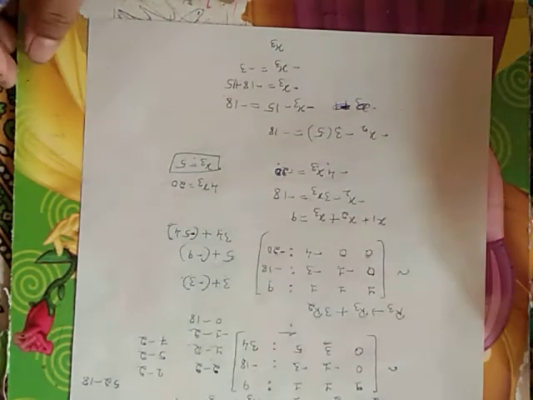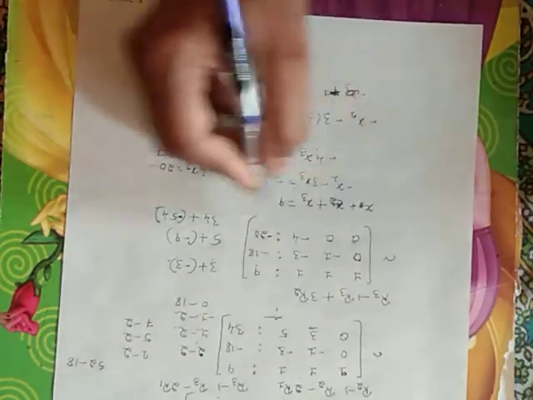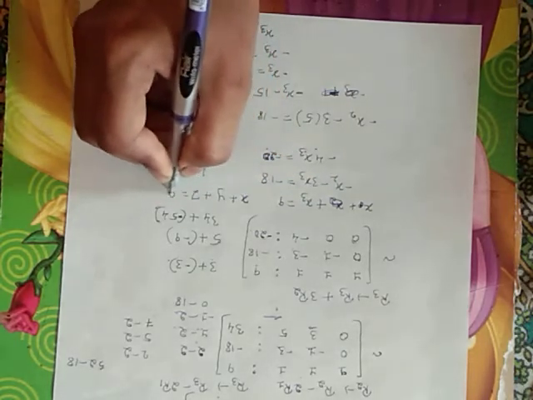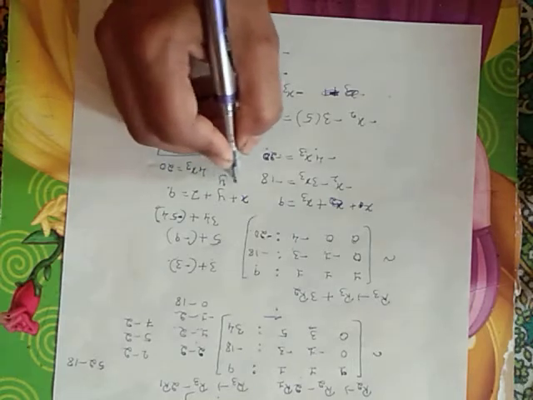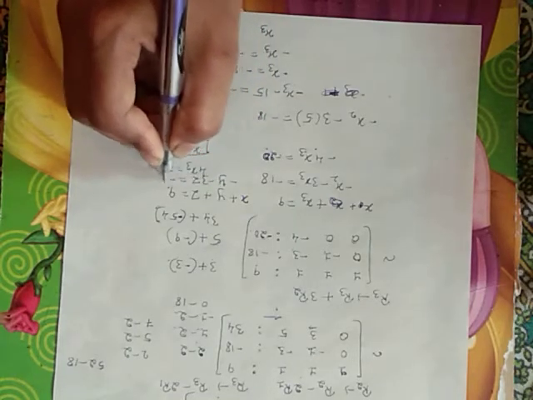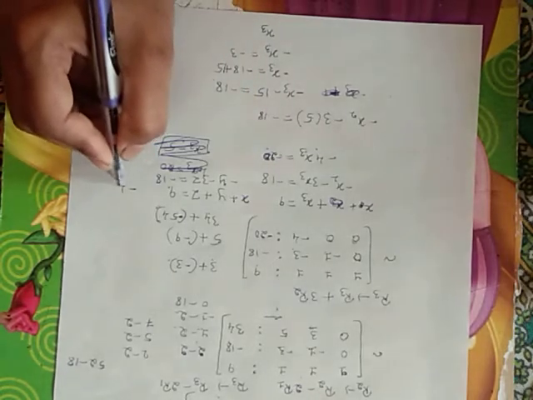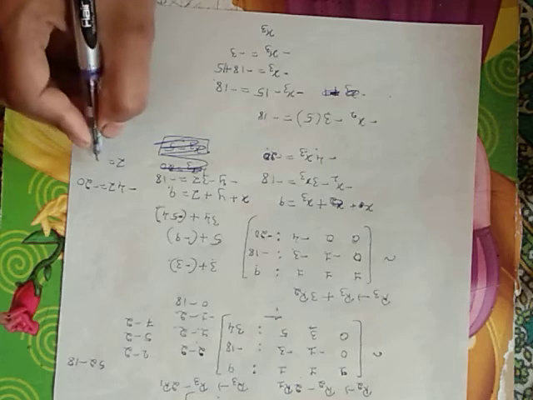Here the coefficients we have used, that is x, y, z. So take x, y, z only. x plus y plus z equal to 9. y minus 3z equal to minus 18. Minus 4z equal to minus 20. z equal to 5.